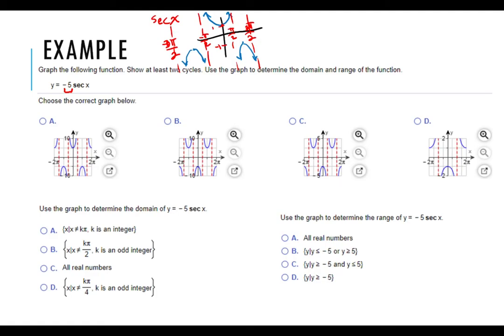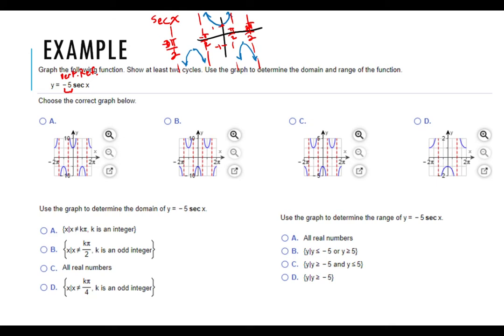Also, the negative out front is a vertical reflection. And so two things happen. We turn upside down, and we shift our points up to positive 5 and down to negative 5.